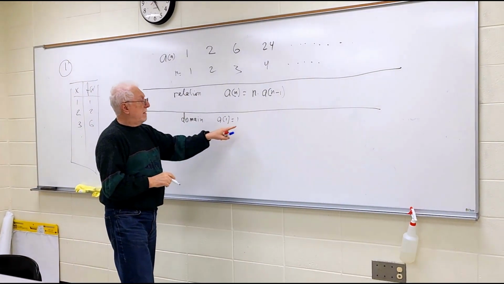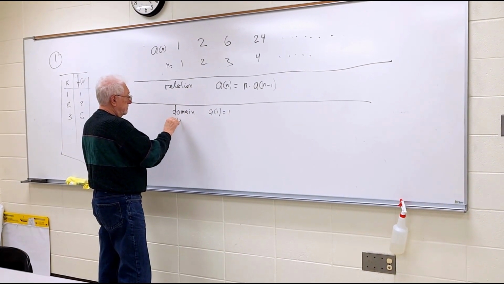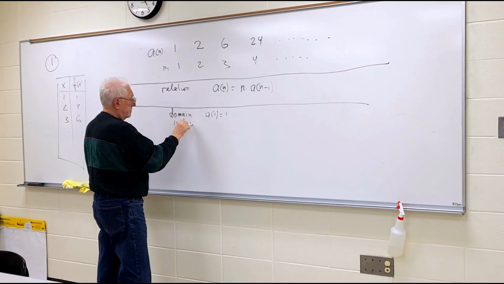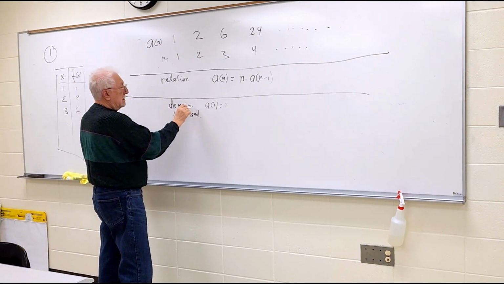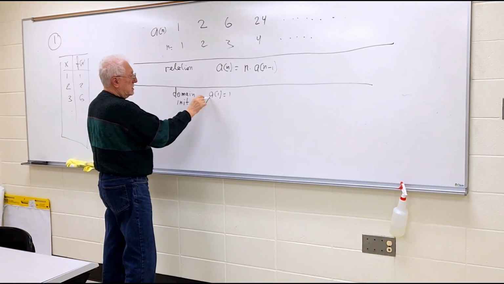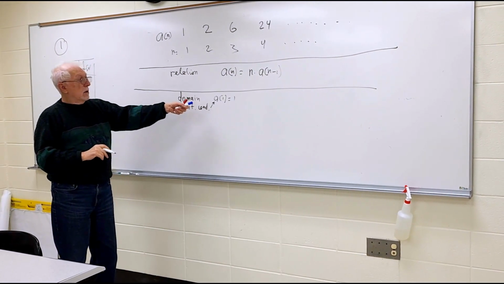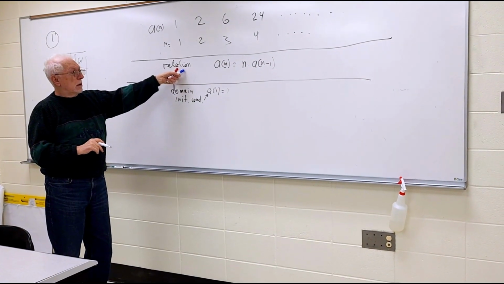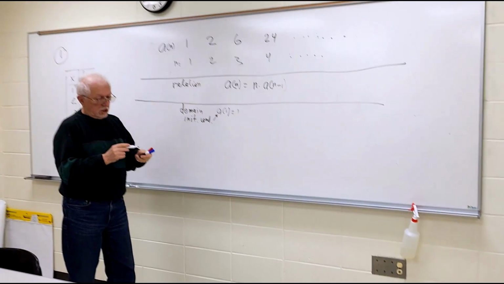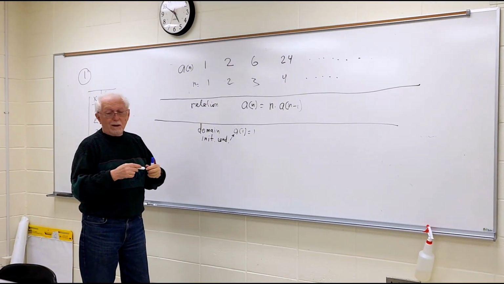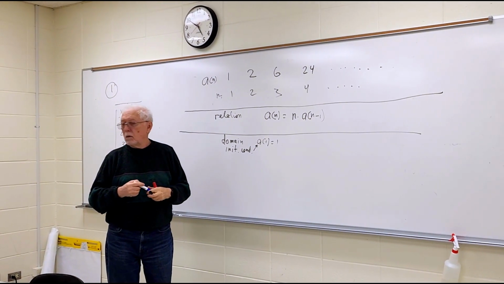And we have initial condition. So domain integers, initial condition, A of 1 equal 1. Now we can use a relation and those two additional informations to compute any number, correct?